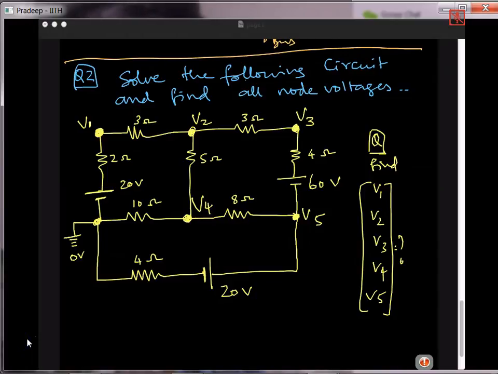Nodal equations, and then you have to solve the nodal equations. Okay, so that is one method. That's the correct answer. So V equal to Zi.